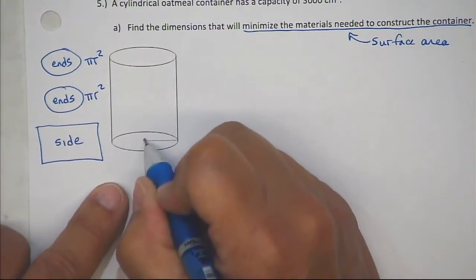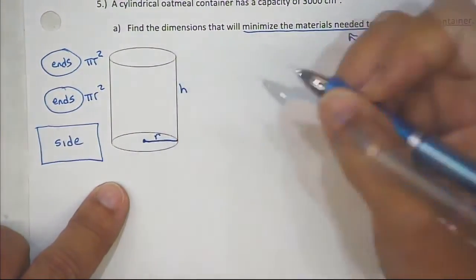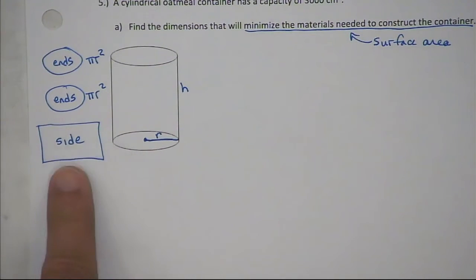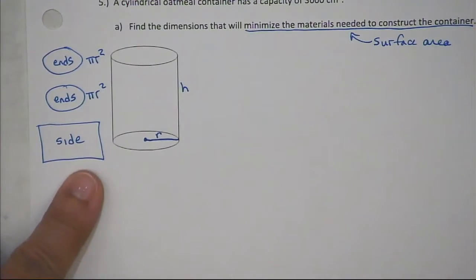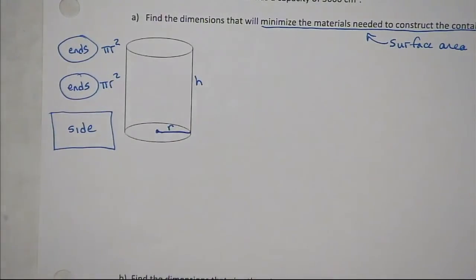And don't forget, on your cylinder, this bottom piece is the radius, right? And then this is the height. So what's the area of that rectangle? Think about what you're doing. You've got the height, and then what's the length? 2 pi r, right, that's the circumference.